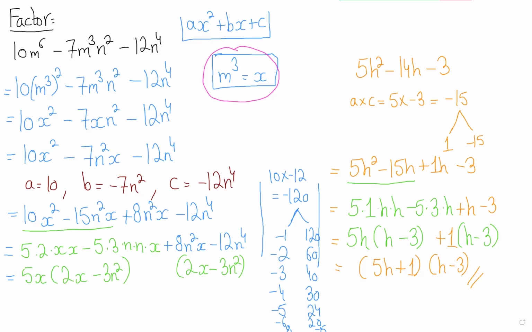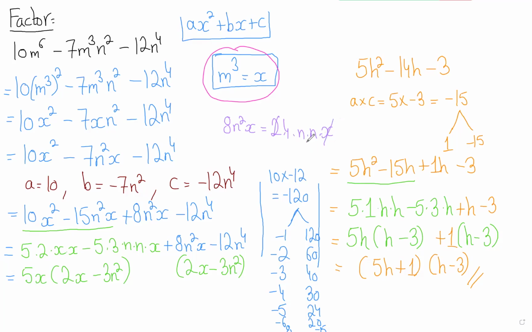Now, what do I multiply with 2x to get 8n squared x? Here's an easier way to see this. 8n squared x can be written as 2 times 4 times n times n times x. We already have 2x inside the bracket. So remove this 2 and this x.